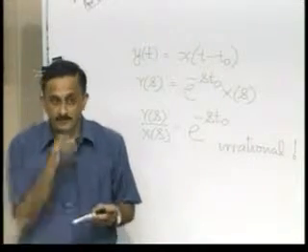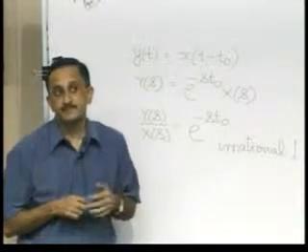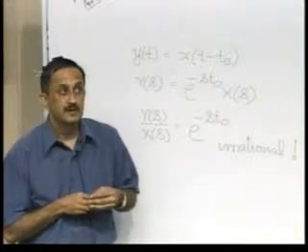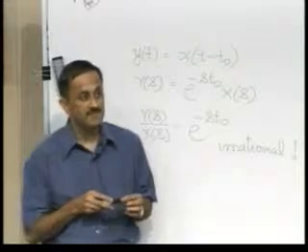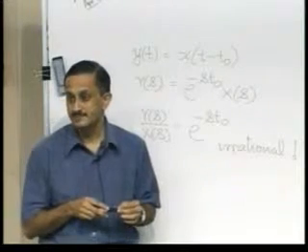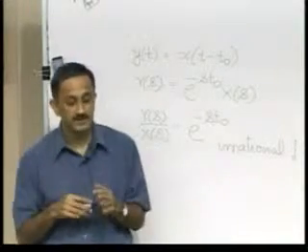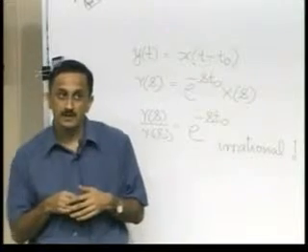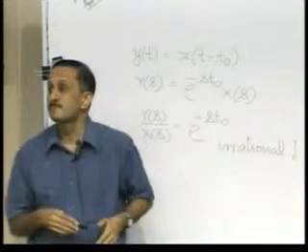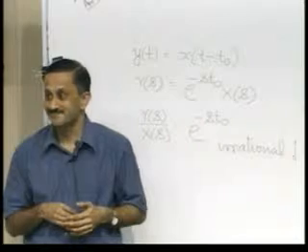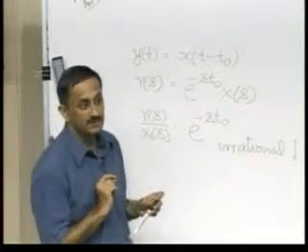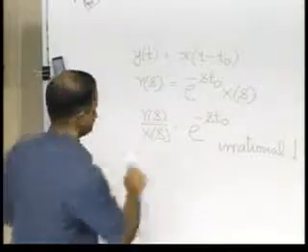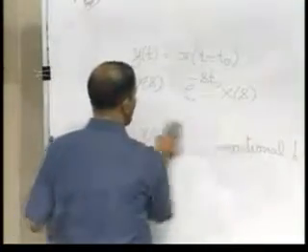In fact, it turns out that if you look at the ideal filters, the ideal low pass filter, the ideal high pass filter, or for that matter the ideal band pass filters, they really do not correspond to rational systems. I shall try to give you an explanation for it, though not a very rigorous one. Let us look at the ideal low pass filter.